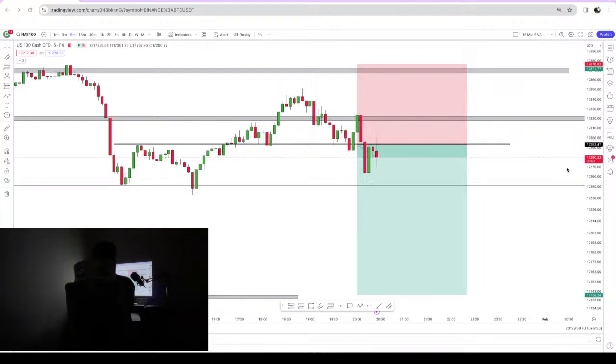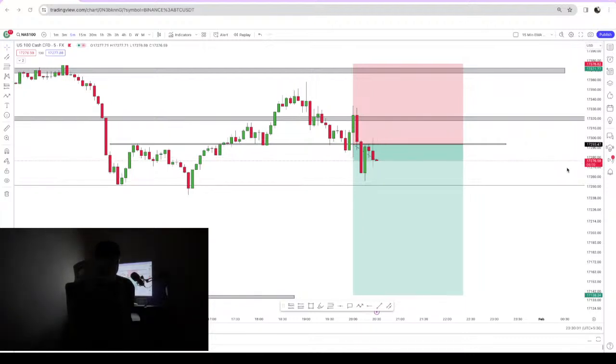You are asking a wrong question, friend. Your question is completely wrong. Lot size doesn't matter. I can open a lot of 1 also. If my stop loss is just 2 pips, then what's the point? If it is just 2 pips, the risk will be just $20 with one lot also.